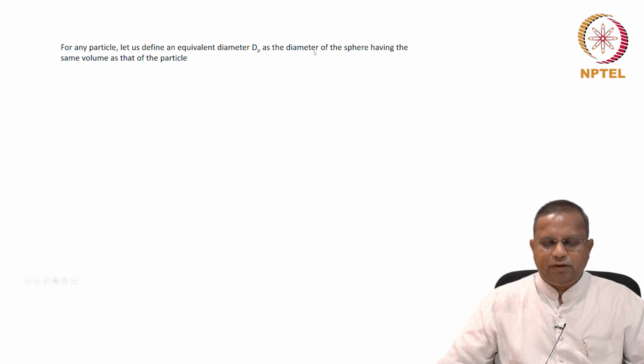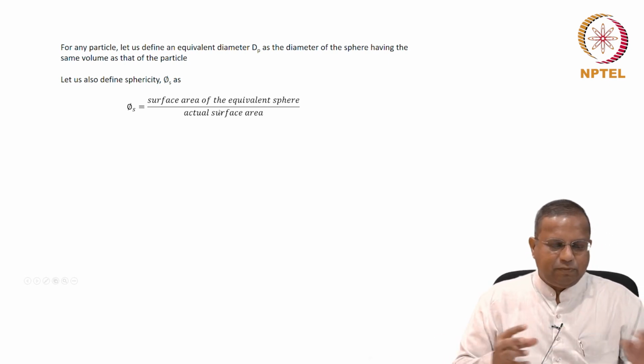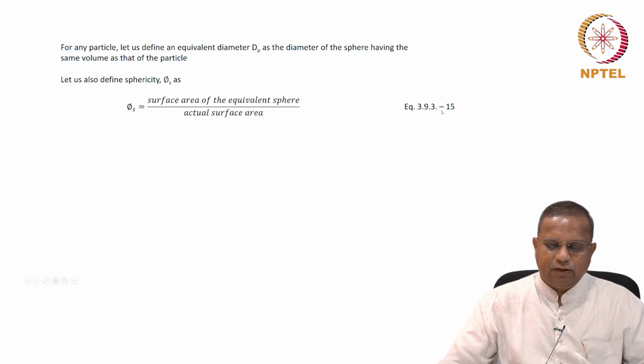So the equivalent diameter is the diameter of the sphere having the same volume as that of the particle, and the sphericity is the surface area of the equivalent sphere divided by the actual surface area. So this gives us some link between the idealized sphere and the actual particle. So we are extending this to whatever particle.